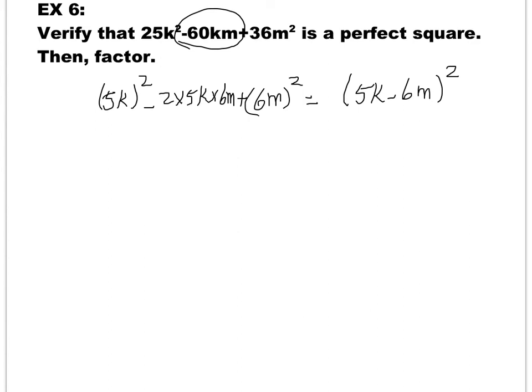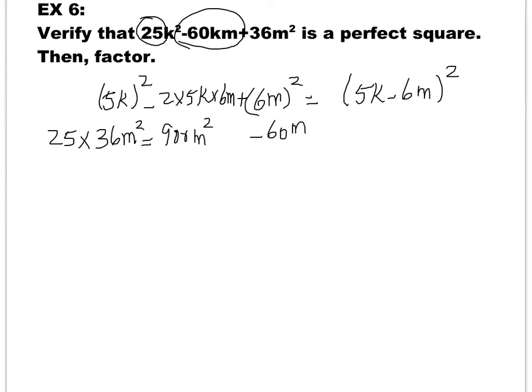Another way, if we use what we had before, since the leading coefficient is not 1 and there is no common factor, I'm going to find the product of AC, which is 25 times 36m squared, which is going to give me 900m squared, and B is negative 60m.